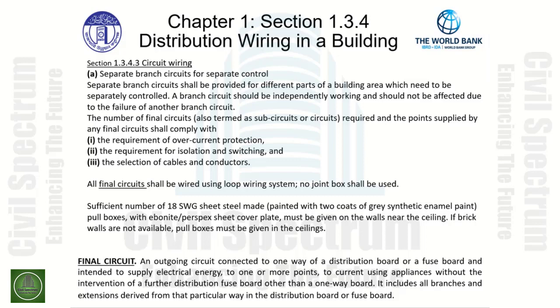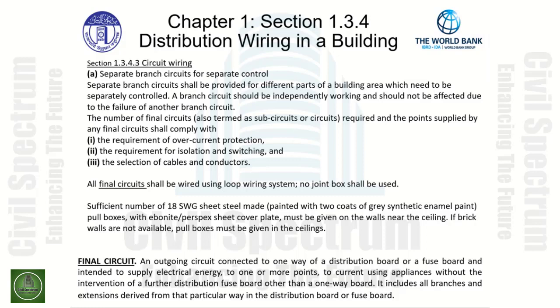Final circuit, by definition, as referenced in this section, means the following: an outgoing circuit connected to one way of a distribution board or a fuse board and intended to supply electrical energy to one or more points, to current using appliances without the intervention of a further distribution fuse board other than a one-way board.